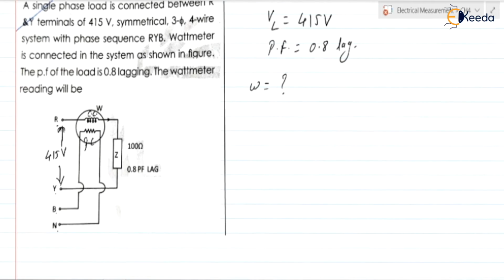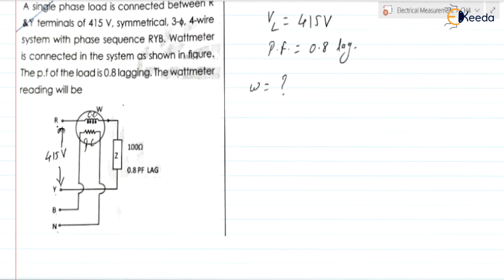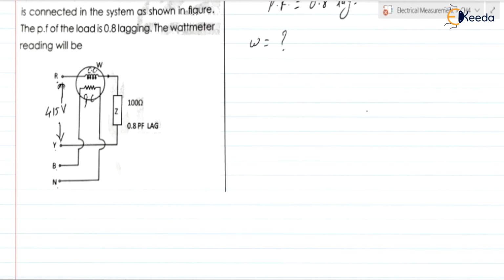Now we are going to draw the phasor diagram for this. As the phase sequence is RYB, the phasor diagram will be like this. If this is the phasor for VR, next phasor for VY will be lagging to VR by angle 120 degree, and phasor for VB will be like this.